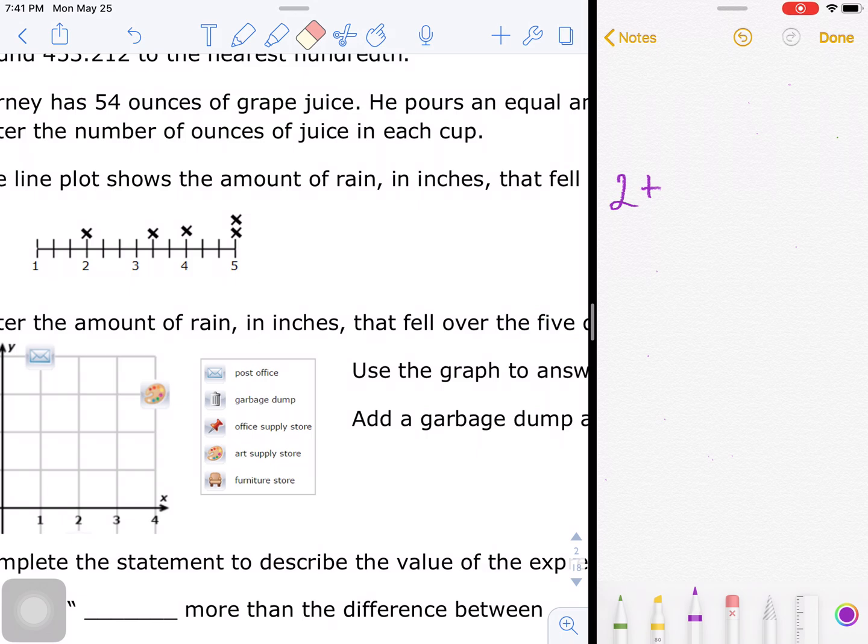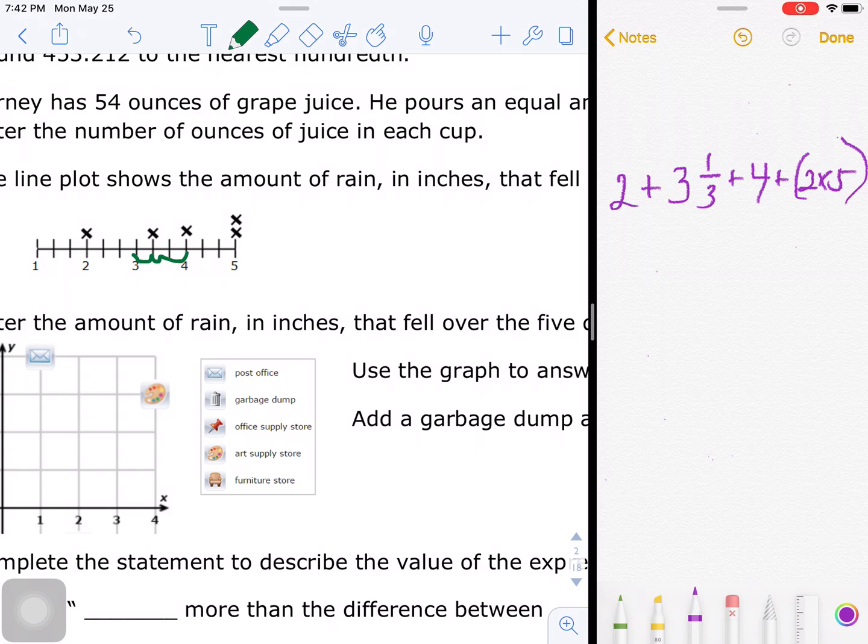And then the next one is 3 1/3. I want to make sure I have the correct interval. 1, 2, 3. Okay? So then I have 4, and then I have 2 copies of 5.